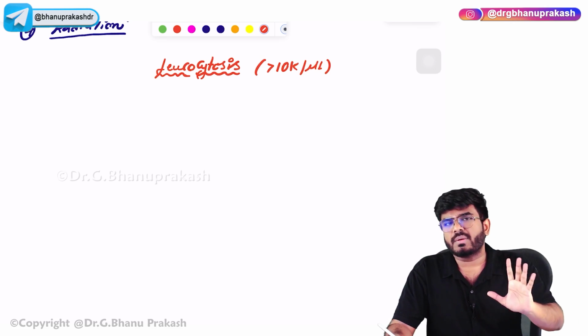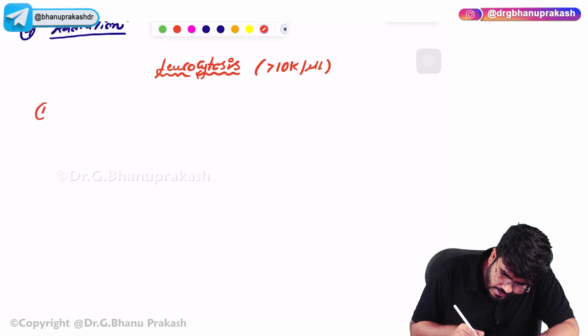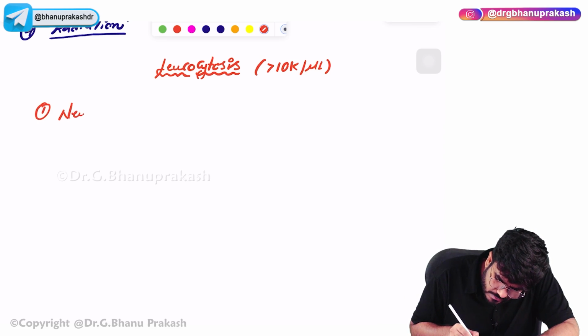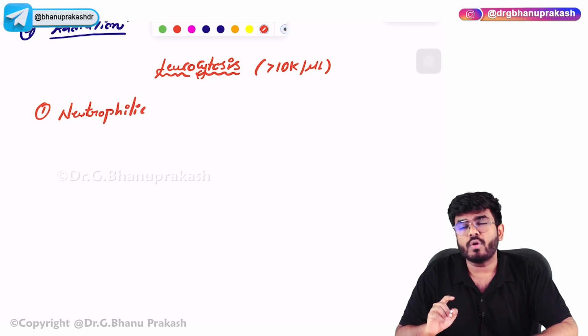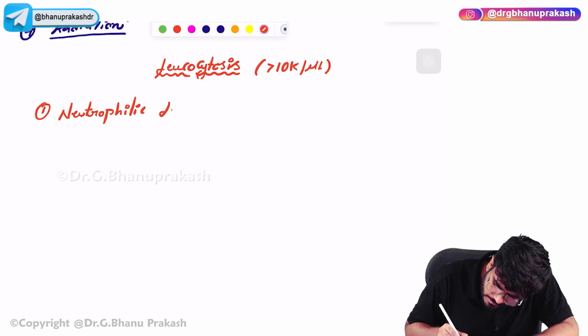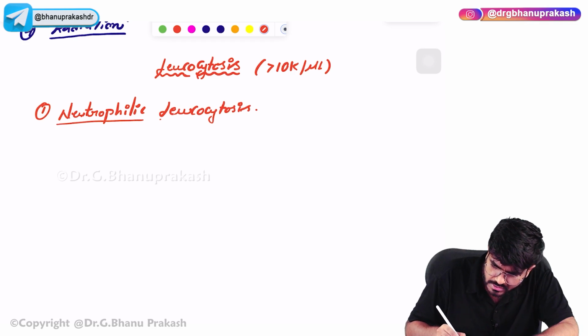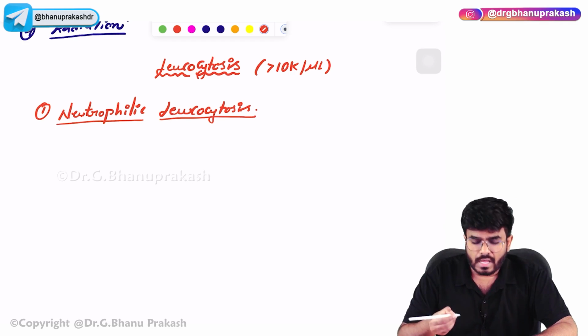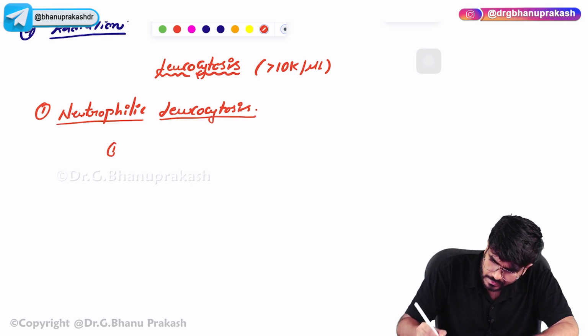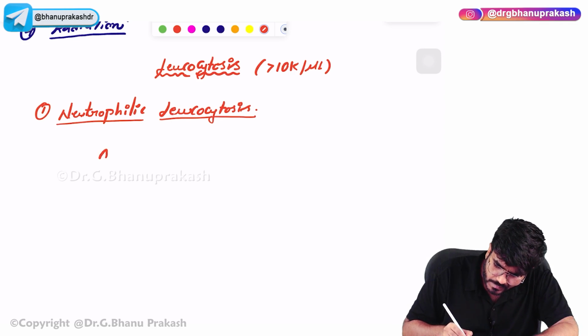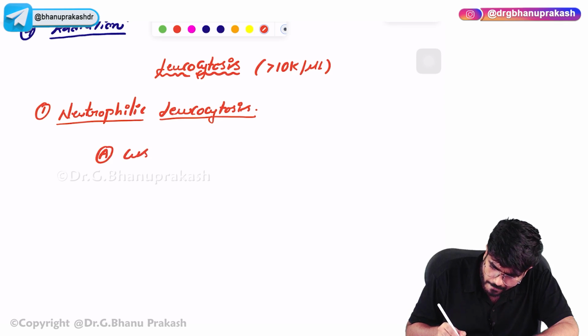For example, the first subtype I am discussing is neutrophilic leukocytosis, which means there are more neutrophils. What might be the reason for neutrophilic leukocytosis? First, as I have already discussed, reason number one can be Cushing syndrome.